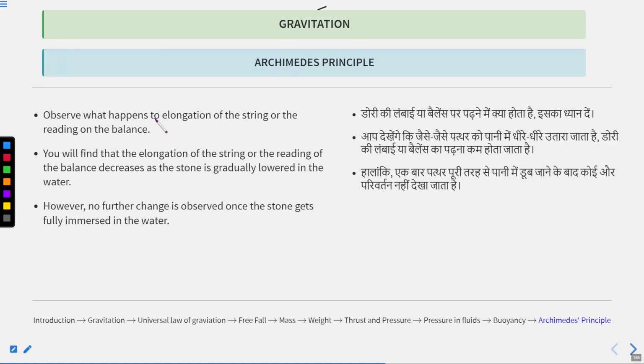Observe what happened to the elongation of the string or the reading on the balance. You will find that the elongation of the string or the reading of the balance decreases as the stone is gradually lowered in the water. However, no further change is observed when the stone is fully immersed.